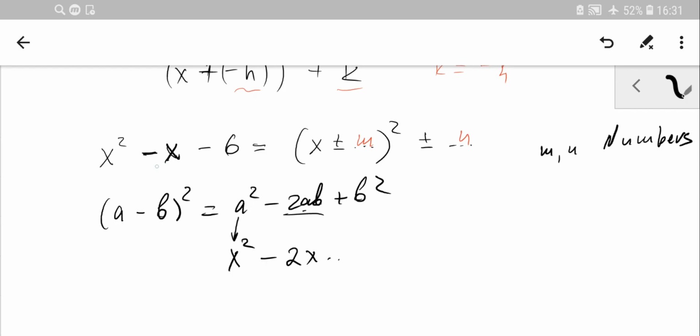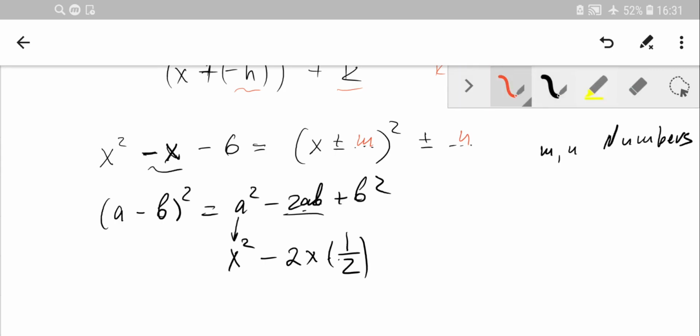But in order to finally, after multiplying by some number, get negative x, what should I have here? Simply 1 over 2. Because I know that 2 and 2 in the bottom will be cancelled, and I'll stay finally with negative x here. So according to the formula, b is 1 over 2. Let's mark a is x, so b is 1 over 2.